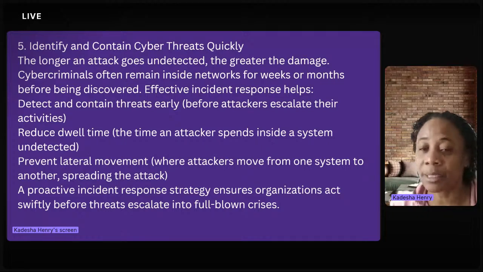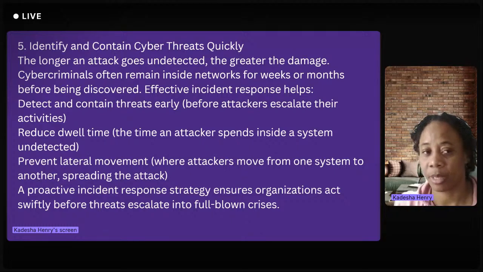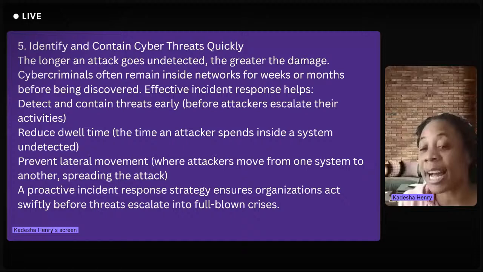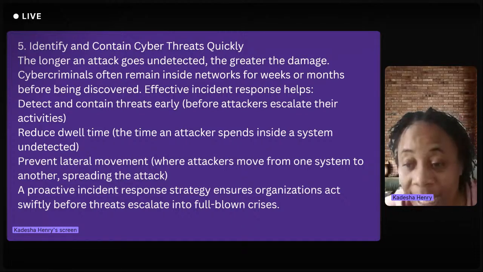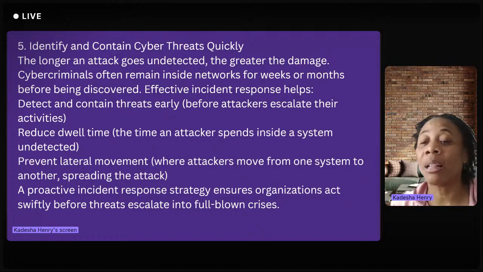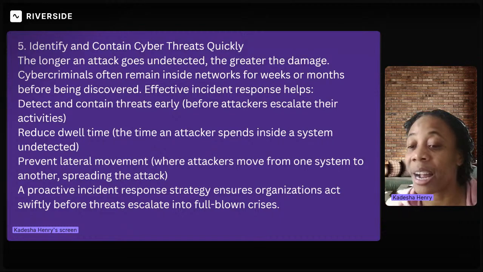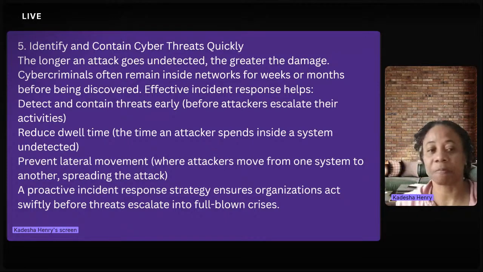So an effective incident response plan will help you detect and contain the threat early, before an attacker escalates their activities, because you have something in place.